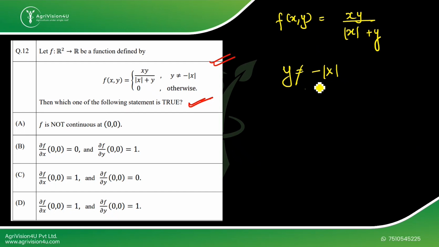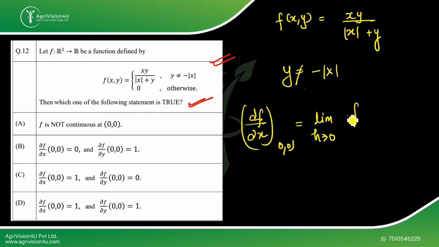So what you can do is start substituting the values. For example, if you want to define df by dx at (0,0), put the limits here. The limit as h tends to 0 of f(0 plus h, 0) minus f(0,0) divided by h.